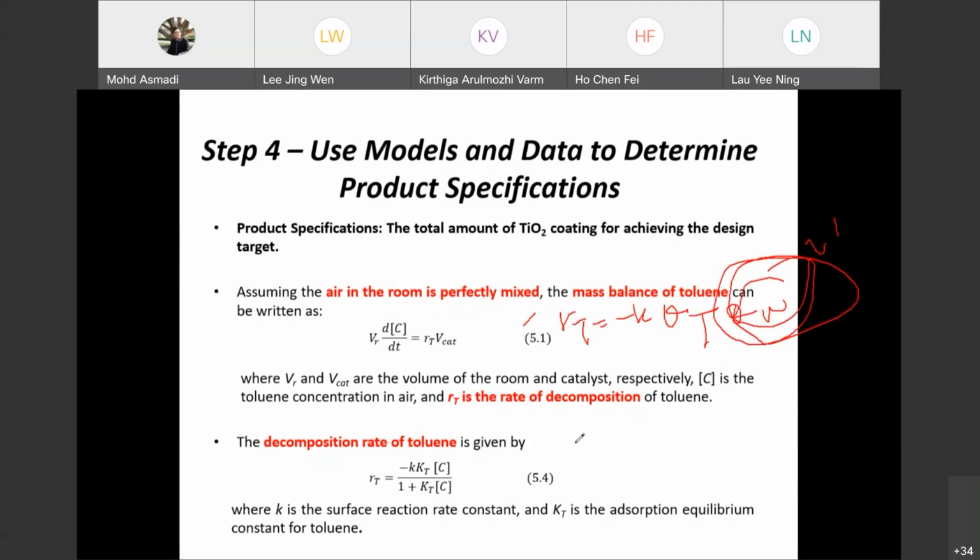So we can rearrange this equation. This one will be KT.